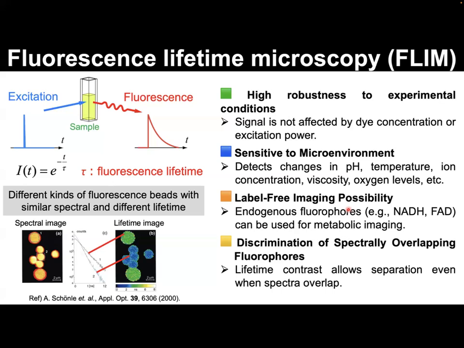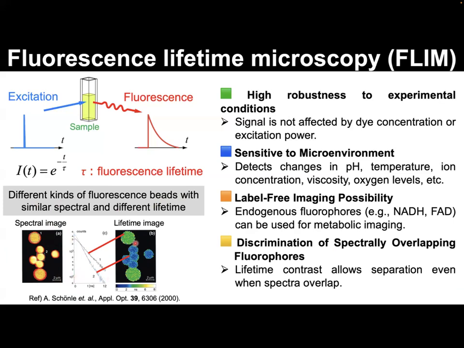Another key feature of FLIM is the discrimination of spectrally overlapping fluorophores. The lifetime contrast allows separation even when the spectra overlap. The bottom left shows an example of such discrimination for two different kinds of fluorescent beads with similar spectra and different lifetimes. In the spectral image, most of the spectra overlap each other, so it is difficult to separate them, like here.